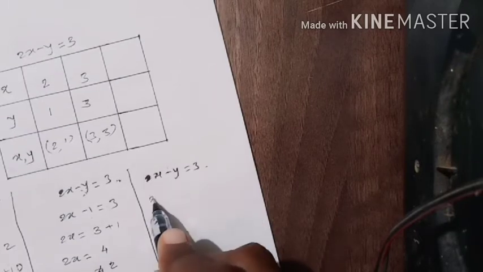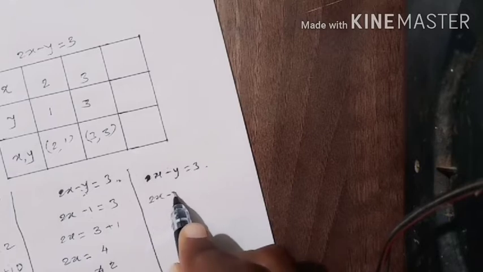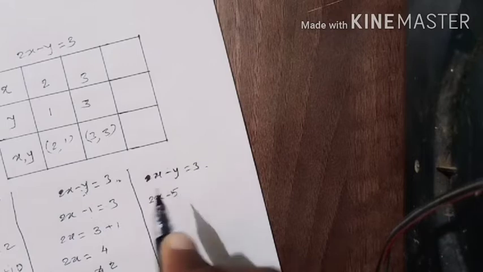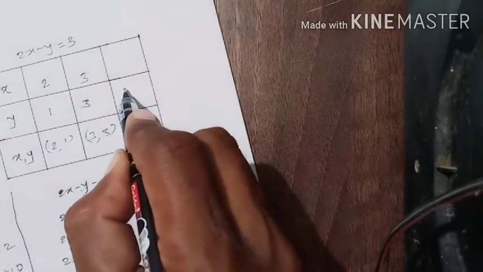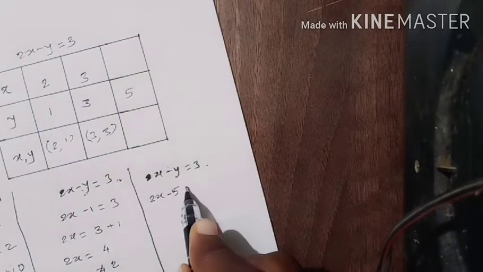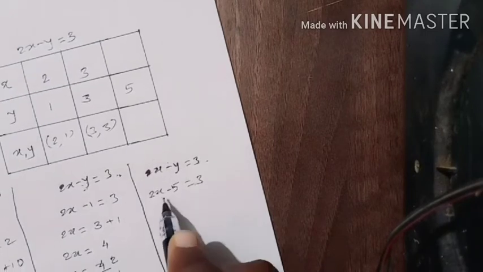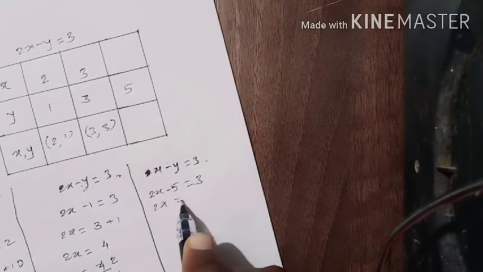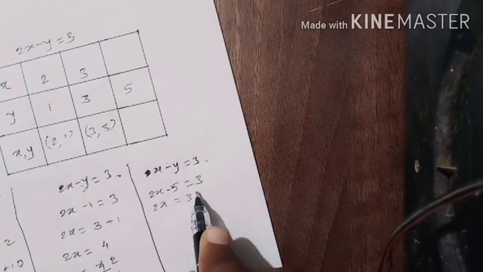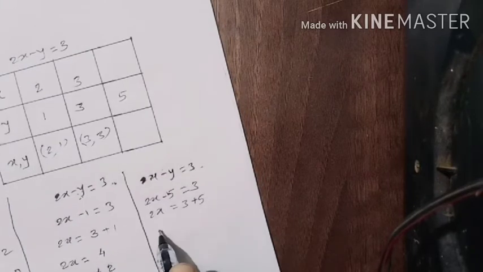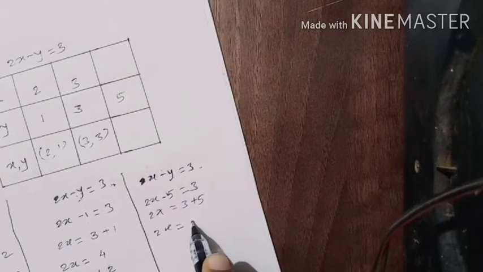Okay. Now, 2x minus 5. Here I am putting the value of y as 5. 2x minus 5 is equal to 3. Now 2x is equal to 3 plus 5, since minus 5 becomes plus 5. Therefore, 2x is equal to 8.